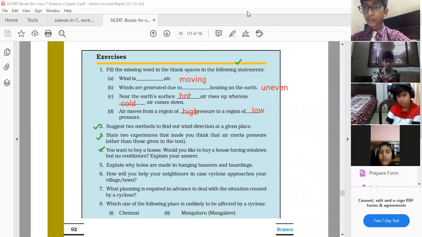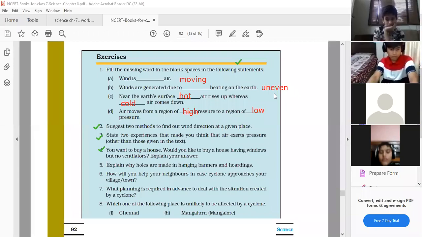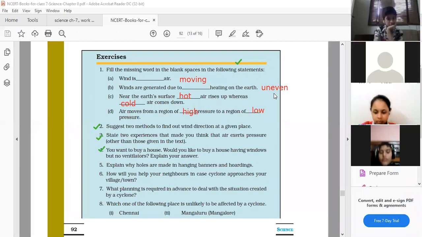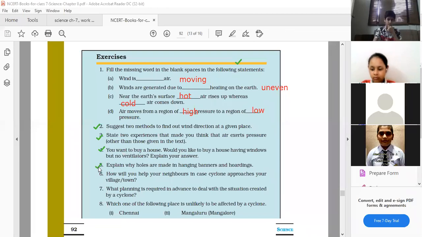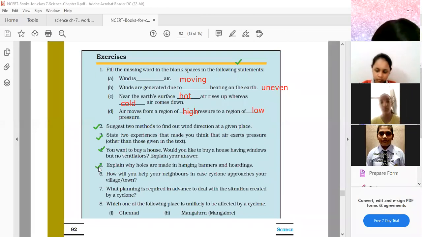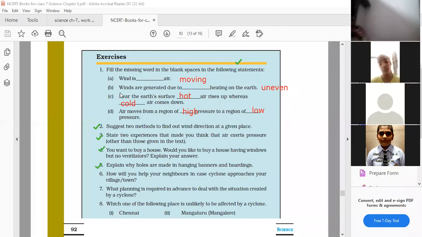Kindly raise your hands. Yes, Aryan Sharma, will you give the answer? Ma'am, question number 5. Ma'am, air creates pressure.